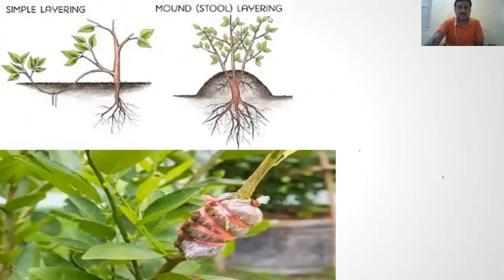They cut 2 to 3 centimeters of these portions and apply a plaster of grafting clay. Soil is formed, then root growth hormones are added, and they bind it with polythene. After 2 to 3 months, they develop the root system, cut the branches, and develop the new plant species.